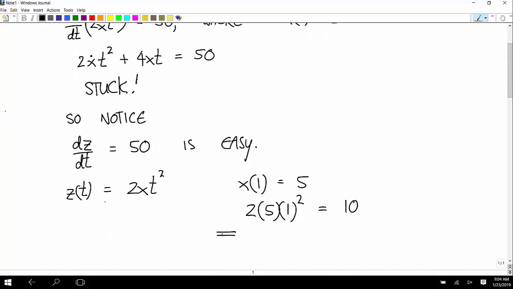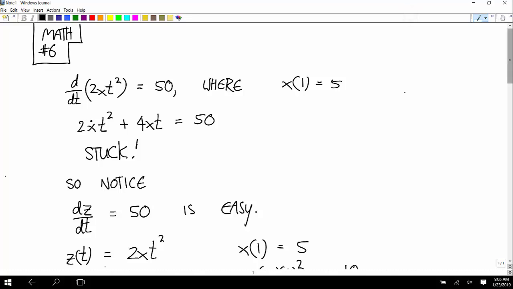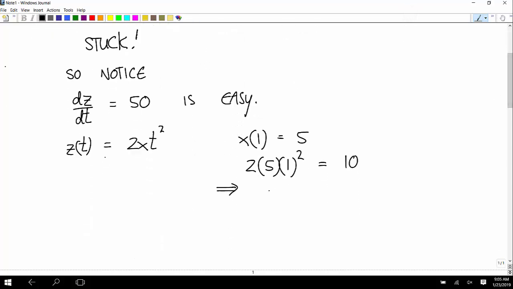And so that says that when t is equal to 1, z is equal to 10. So z of 1 is equal to 10.